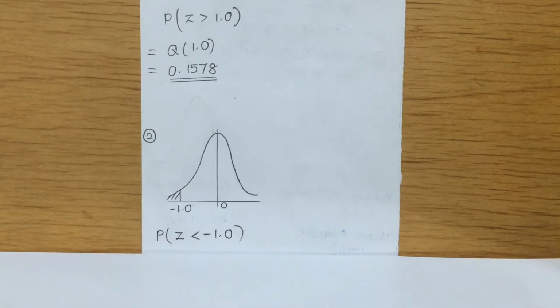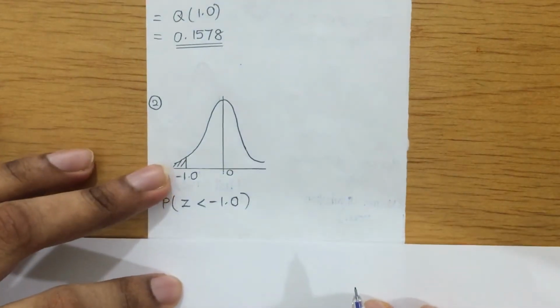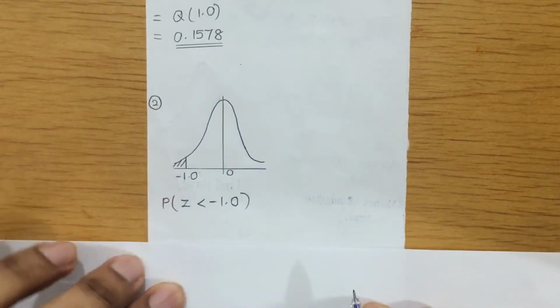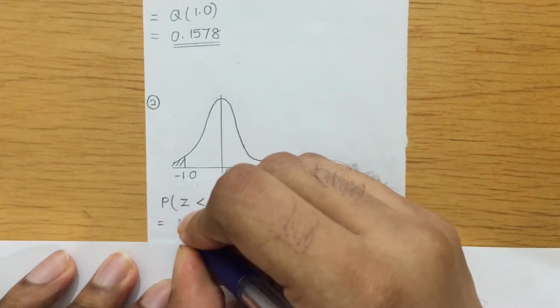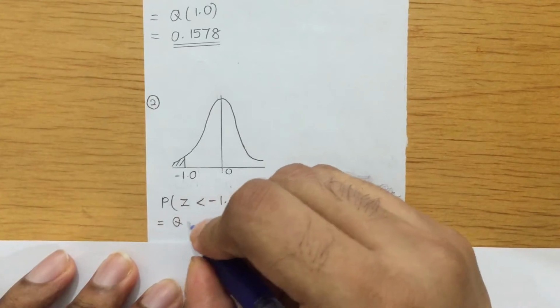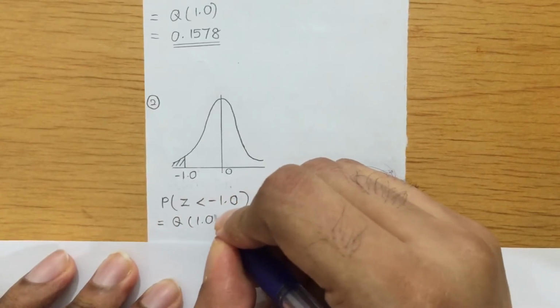So from here, how are you going to proceed, guys? Let's say you find all the respective mean value, standard deviation value and x value in the question, and you end up in this case. So from here, the probability of z less than negative 1.0 is equal to the upper tail probability of 1.0, guys.